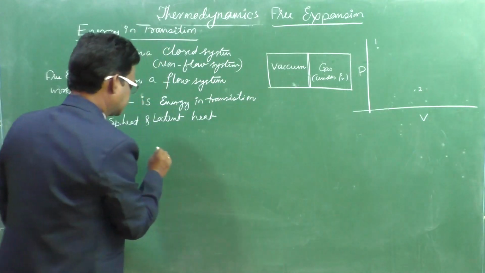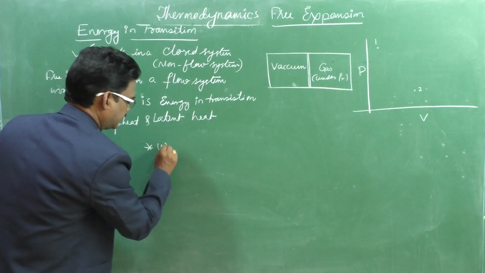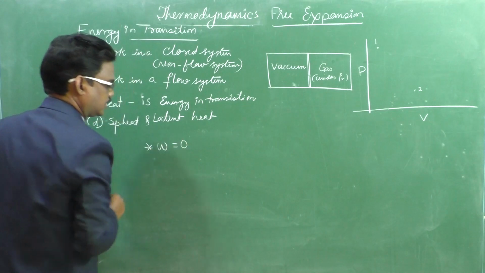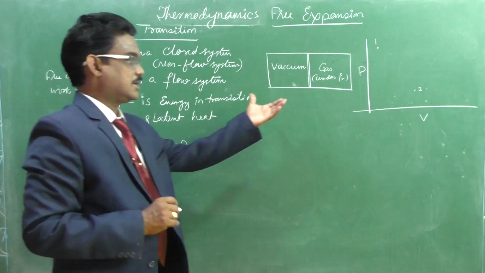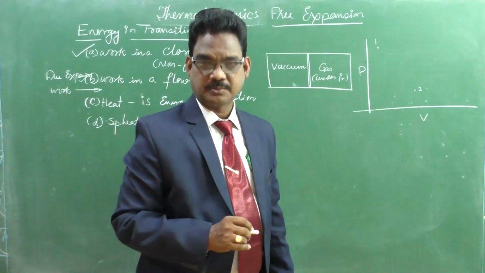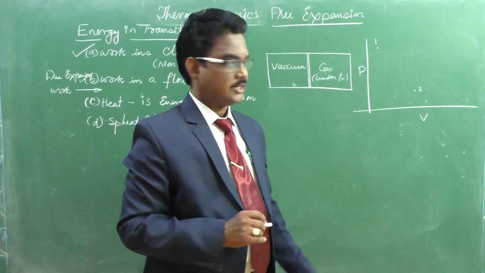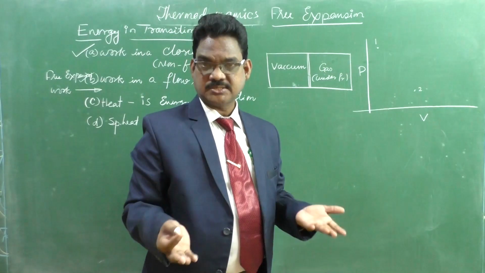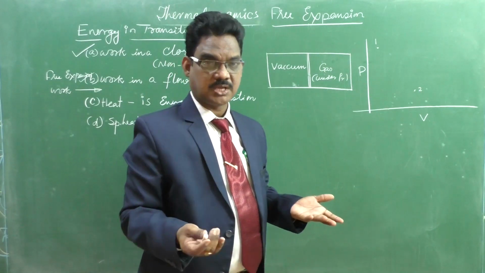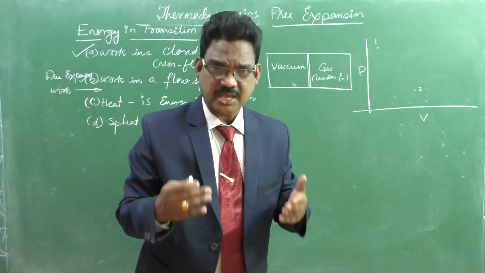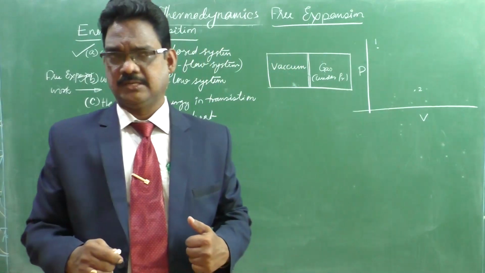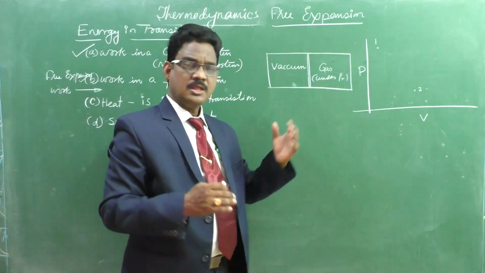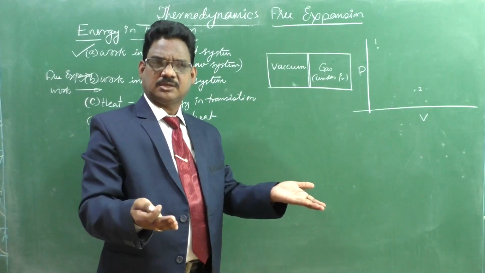In the free expansion, work done W equal to 0. And it is not a quasi-static process. 1 to 2, it is not a quasi-static process. That means it does not undergo a series of thermodynamic equilibrium conditions.